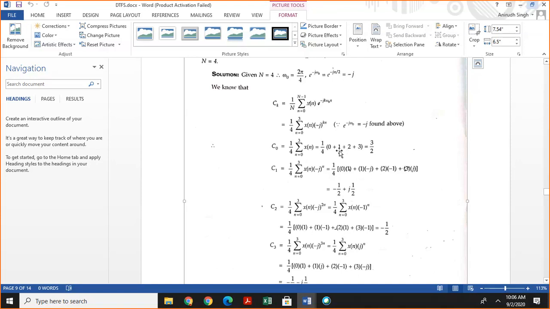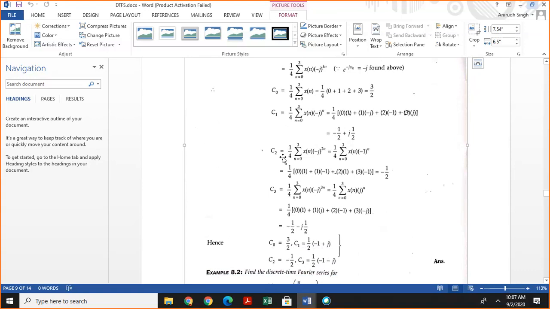In the second case, 1 multiplied, when n is 1, this is minus j. When n is 2, we get minus j squared, which means minus 1, multiplied by 2. And when n is 3, we get j multiplied by 3. So we get a complex quantity, minus half plus j by 2.